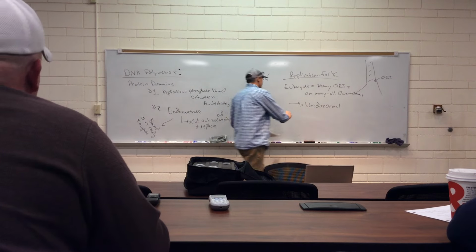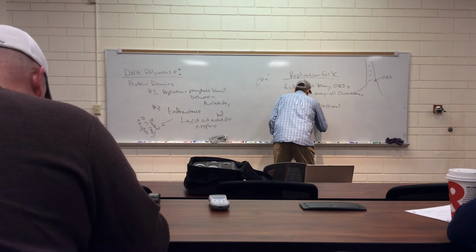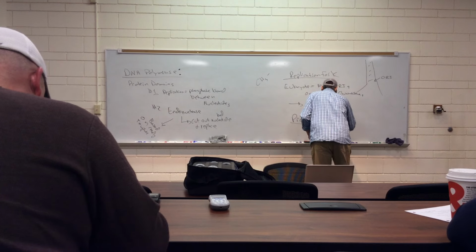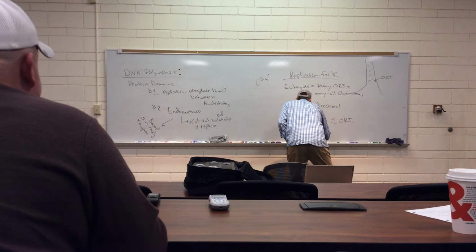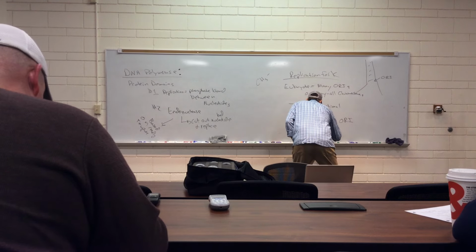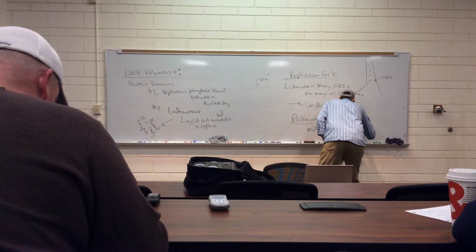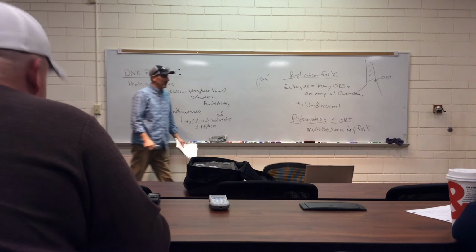With prokaryotes, it's a little bit different because they have just one single circular chromosome. They usually have one origin of replication. And they basically have this multi-directional replication fork.